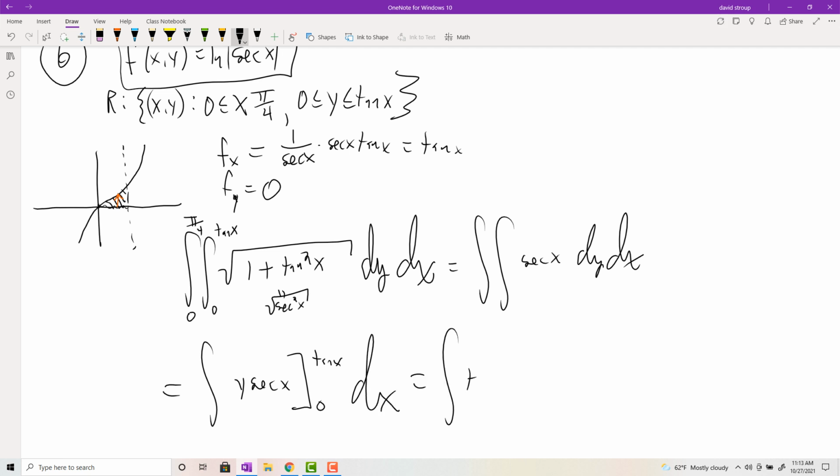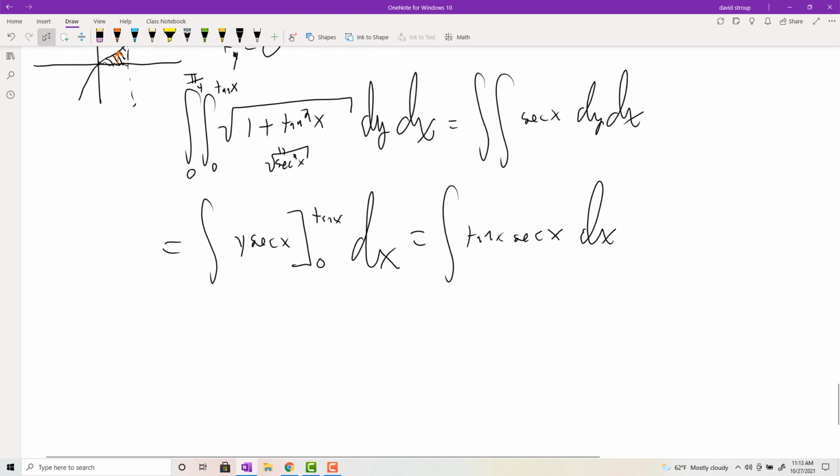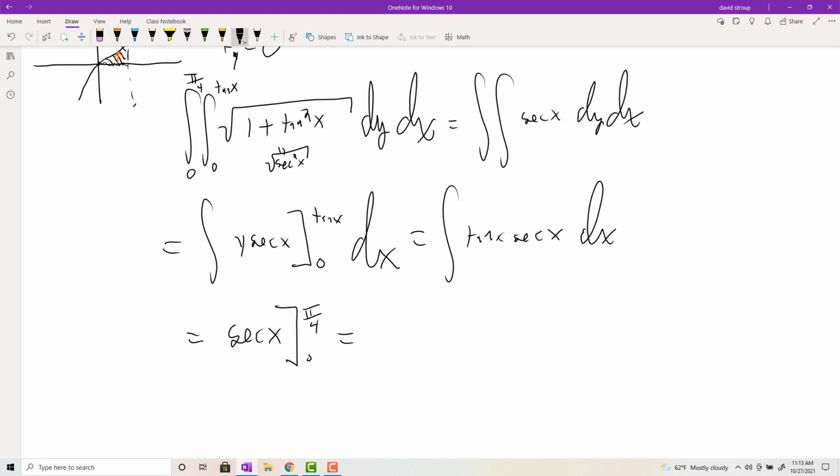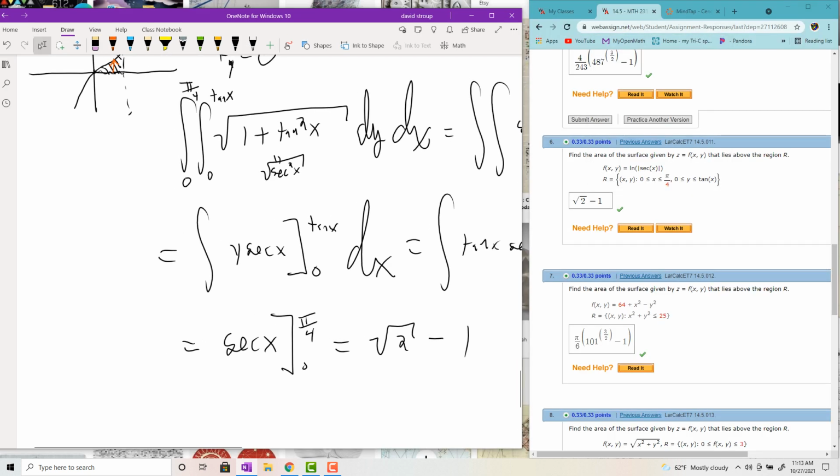Plugging in tan x, I get tan x secant x, and then minus 0 dx. And then the integral of tan secant is just secant x, 0 to pi over 4. And then, of course, secant of pi over 4 is root 2. Secant of 0 is 1. Well, that was quite easy.